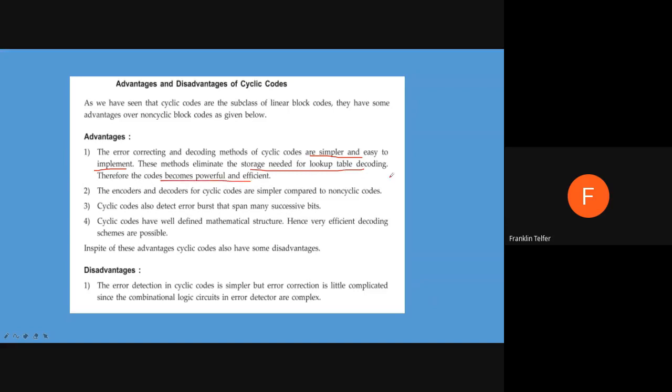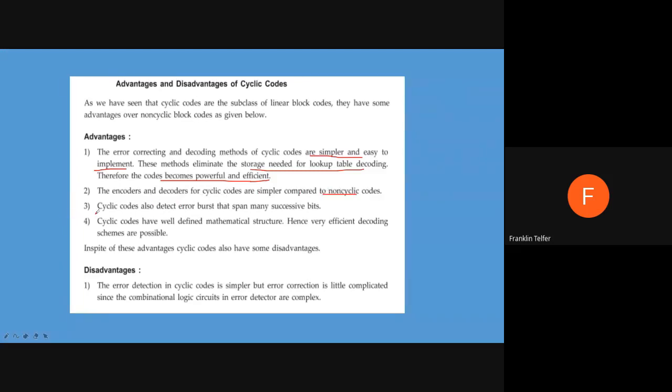Usually the decoders may look for some polynomial function values in a lookup table. In this case, we don't have to look for lookup tables in the process of decoding, so it becomes more powerful and efficient. The encoder and decoder for cyclic codes are simple compared to non-cyclic codes.